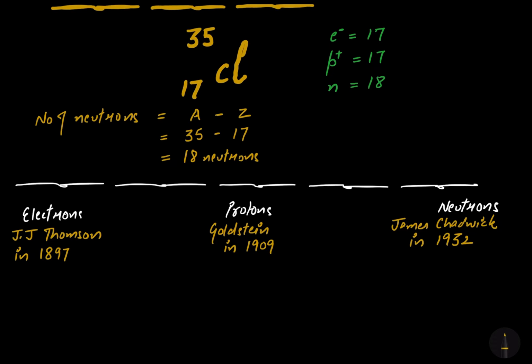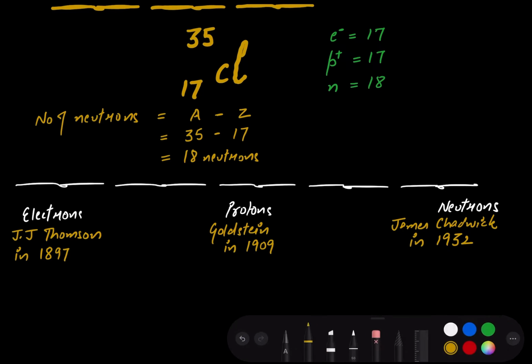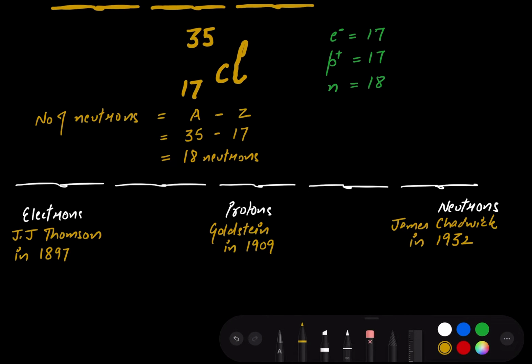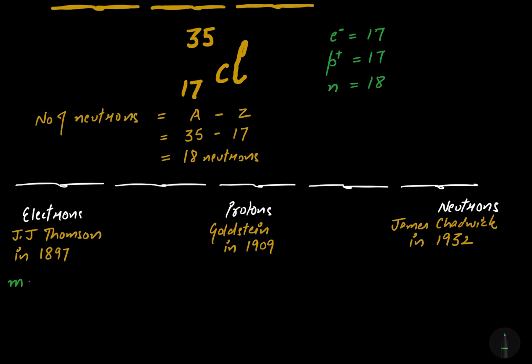So let's talk about first of all electron. Firstly, I am mentioning the mass of electron. The mass of electron is 9.11 into 10 to the power minus 31 kilograms.